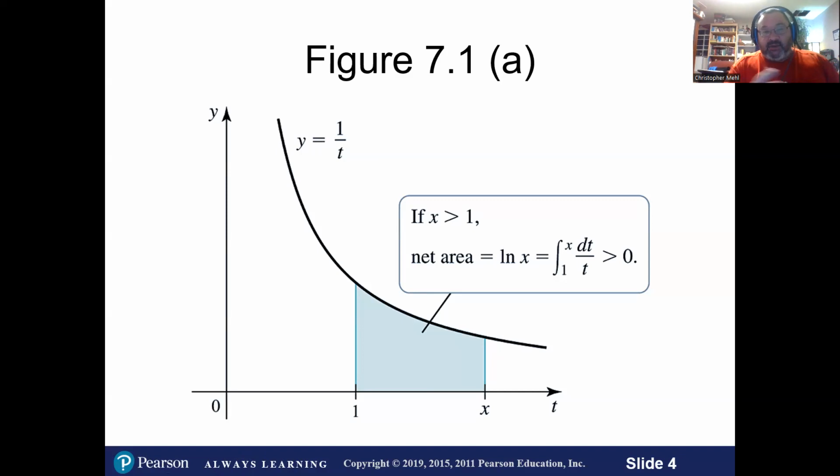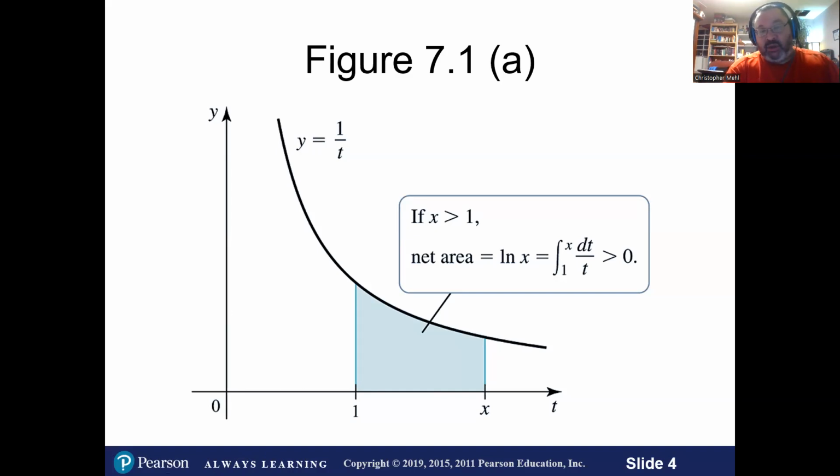Okay, so as we were saying, since we can define the natural log function this way, we note that whenever we're greater than 1, so if we're integrating 1 over t from t equals 1 to t equals something greater than 1, that's always going to be positive, right? That's always going to give you a positive number.